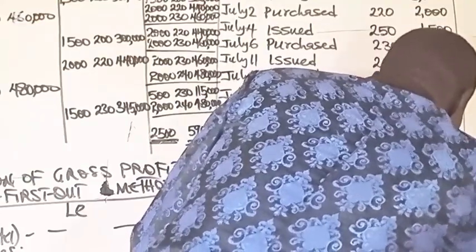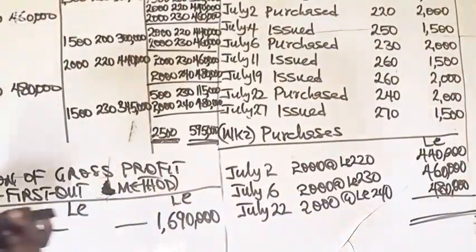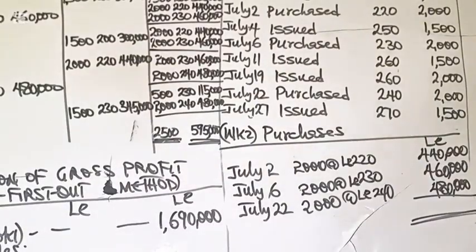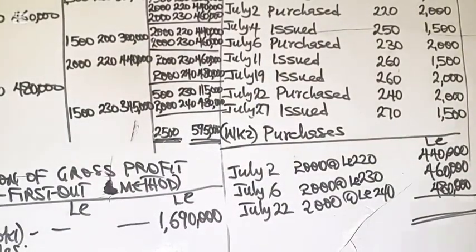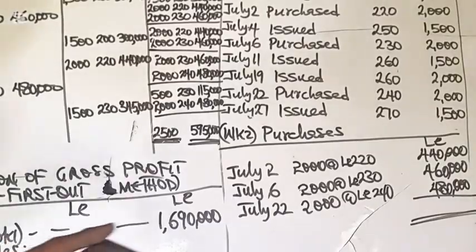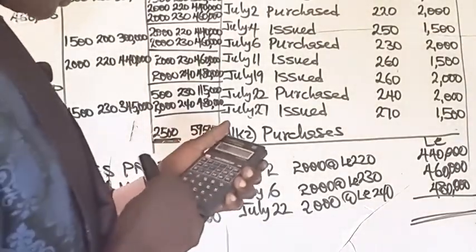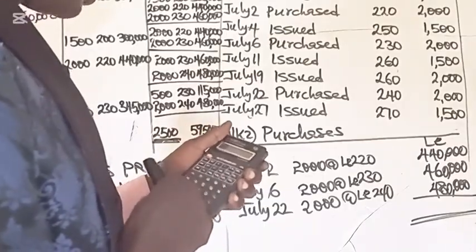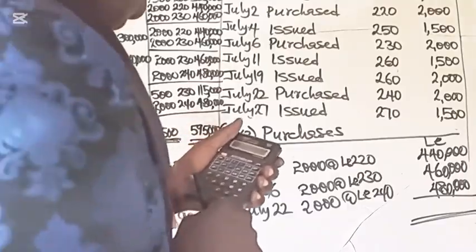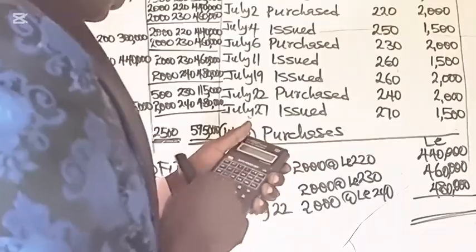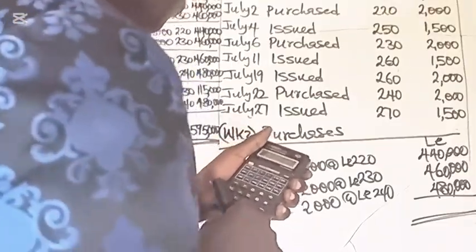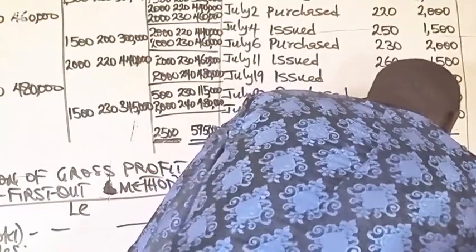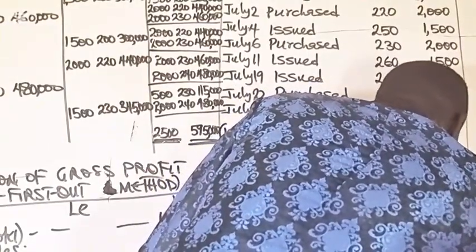If you sum up 440,000 plus 460,000 plus 480,000, our purchases total 1,380,000.